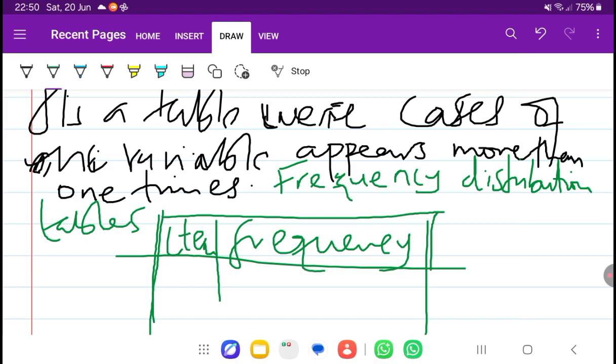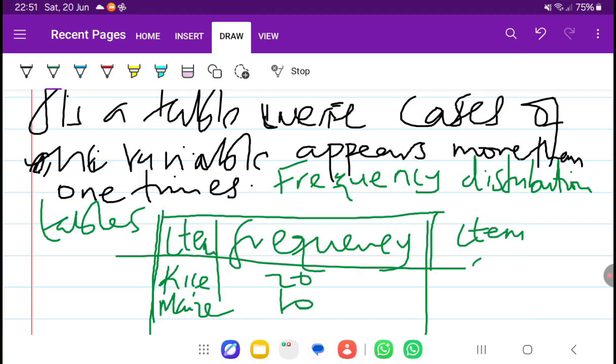So we can draw them vertically like this. Maybe if we are looking at rice, it appeared 20 times, maybe maize, 10 times. So this is a vertical representation. But if it is going in a horizontal way, it means we shall have the item and then the frequency going like this.